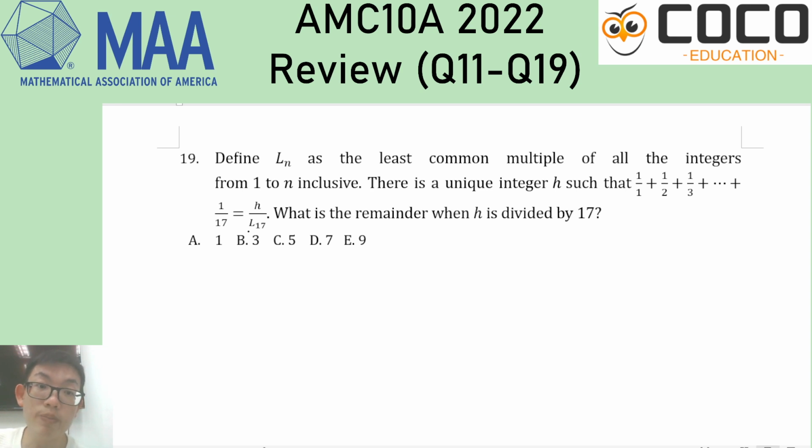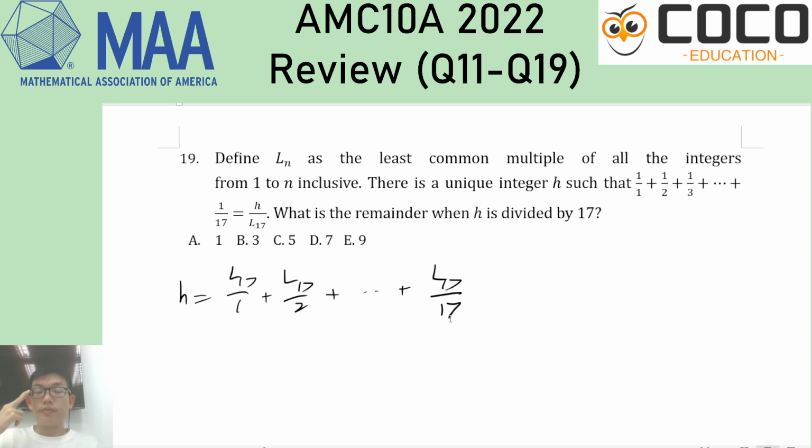I can multiply both sides by L17. Now, needless to say, L17 is the least common multiple of 1 to 17, so it is a multiple of 17.